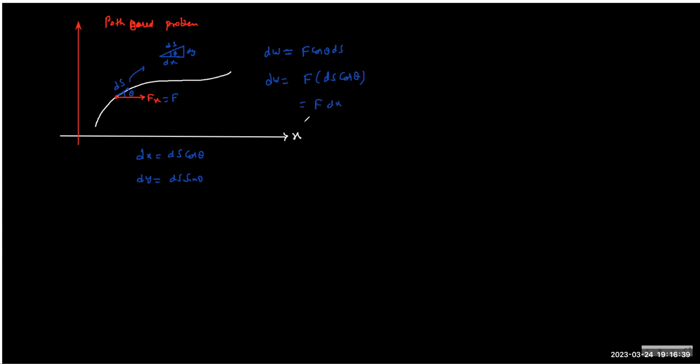So actually, you have to only integrate in x, no matter what is the path given to you. So this will be confusing at first go, but it is easy. And then to get the net work, you have to just integrate. And because F is given as a function of x, you can get the answer with ease. So this kind of question will also be part of your journey.